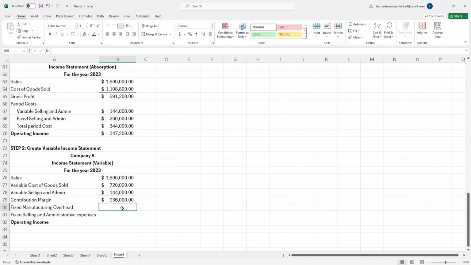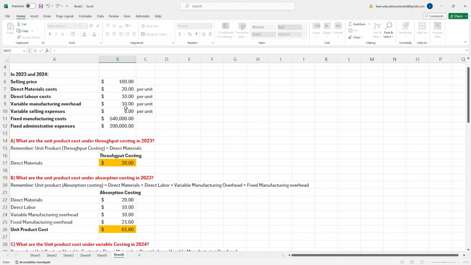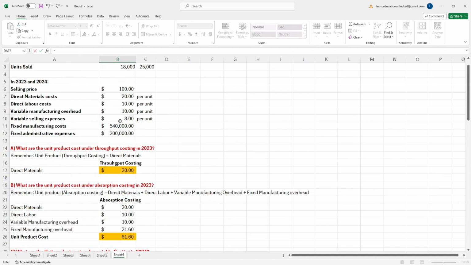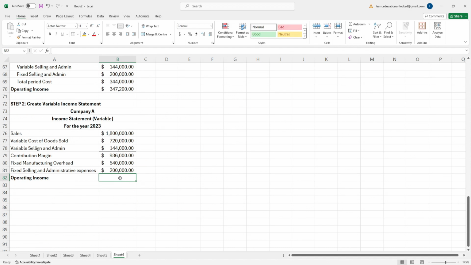Your fixed manufacturing overhead, you can scroll up to find that. So it's 540. And your fixed selling and administrative expenses, this is also given. So that's 200,000. So your operating income, you can get your contribution margin minus your fixed manufacturing overhead minus your fixed selling and administrative expenses. So that gives us 196,000 for my operating income for variable costing.